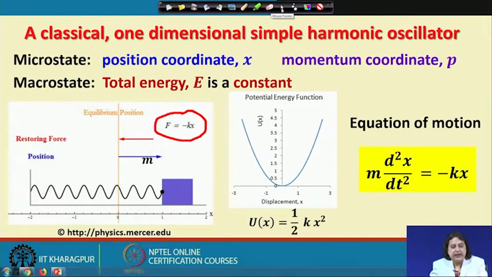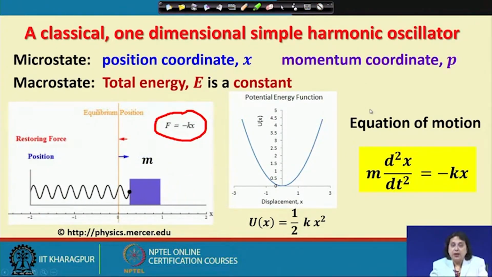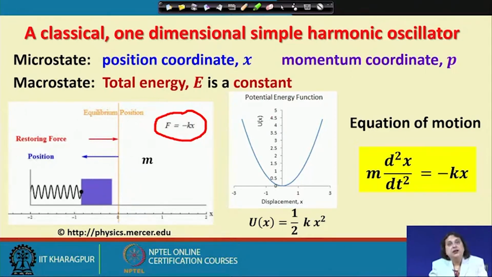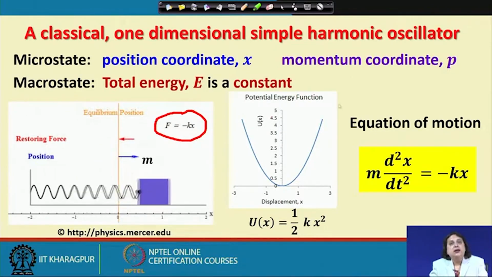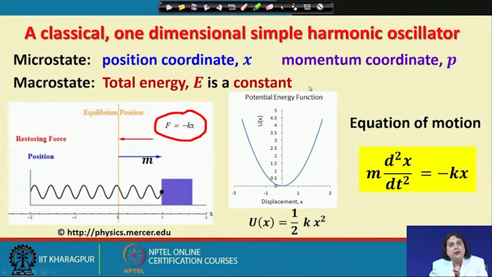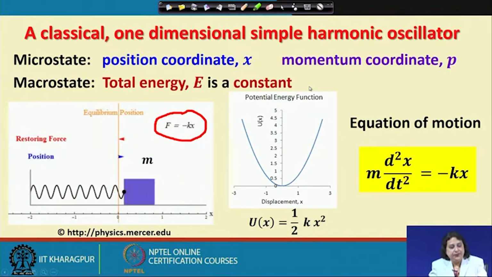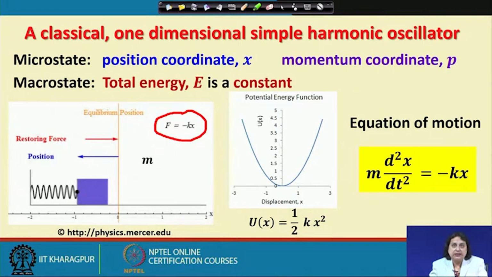Then what we can say is, here I have a representation of the different values of x that can describe the microscopic state of the system with associated momentum coordinate p.